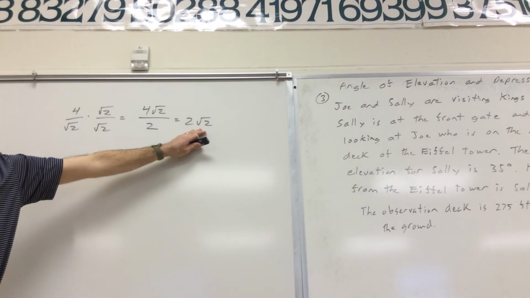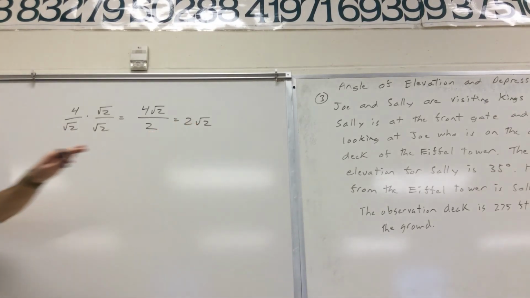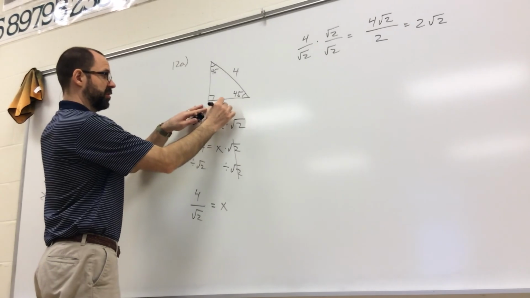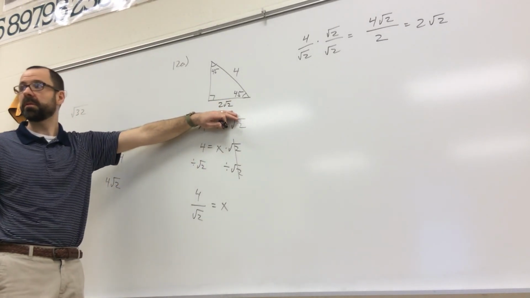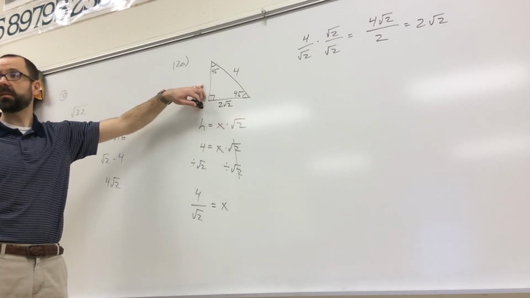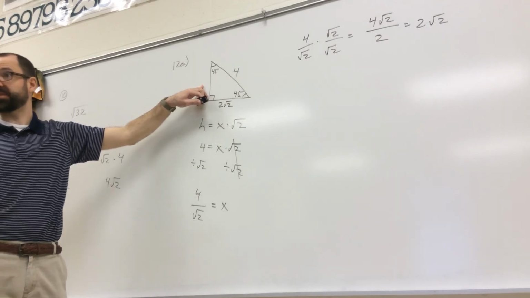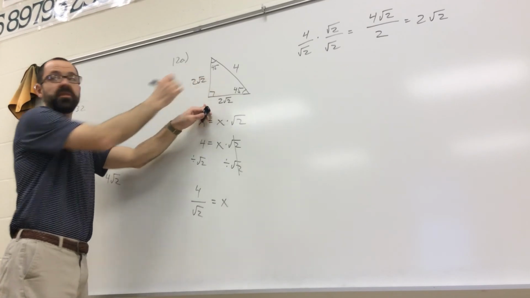So now we've got 2 times the square root of 2. So that means on this triangle, this missing side is 2 times the square root of 2. What's this missing side? Same thing, because on a 45, 45, 90, it's an isosceles triangle. So these two sides are equal to each other.